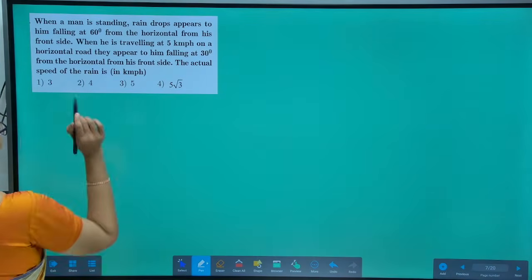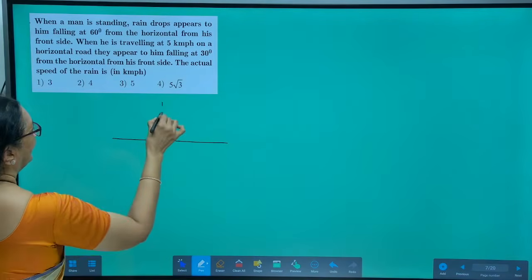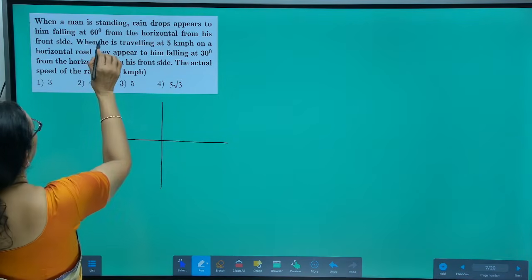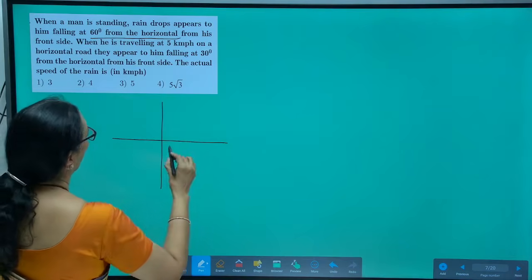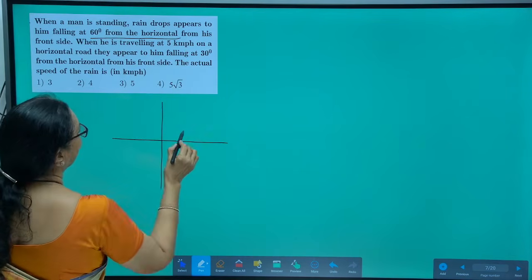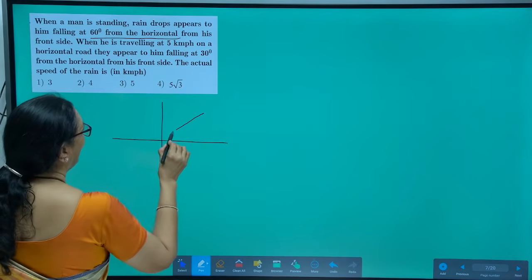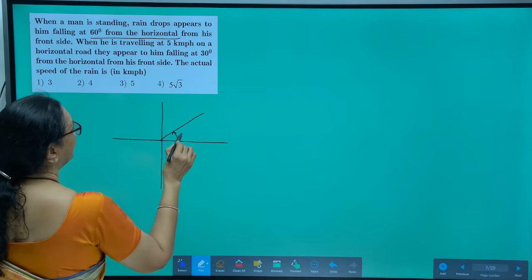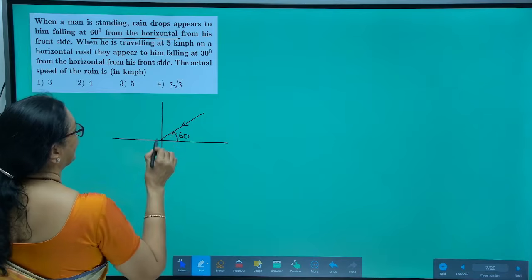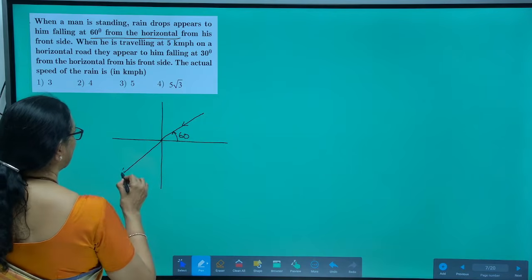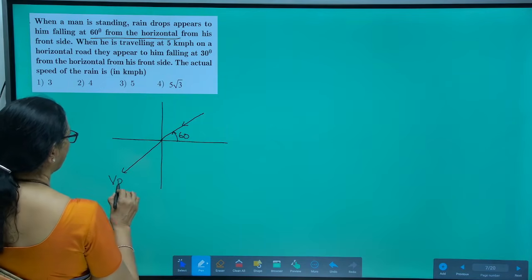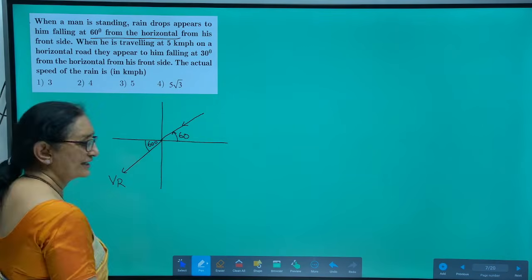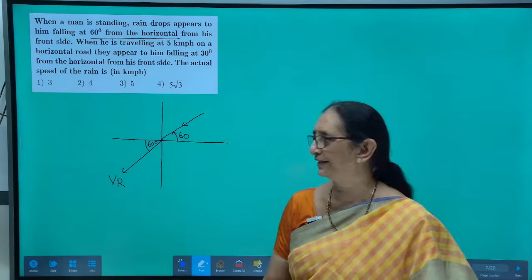When a man is standing, rain appears to fall at an angle 60 degrees from the horizontal from his front side. So, a man is standing at this point, rain appears to fall at an angle 60 degrees. So, this is the actual velocity of the rain making an angle 60 degrees. That is what is given in the first statement.